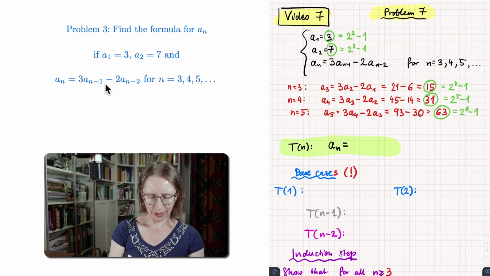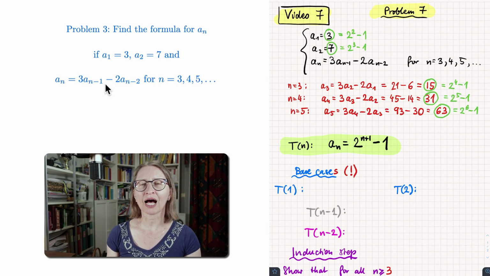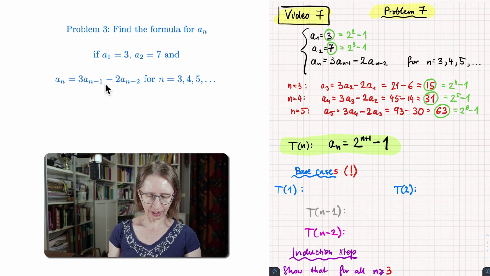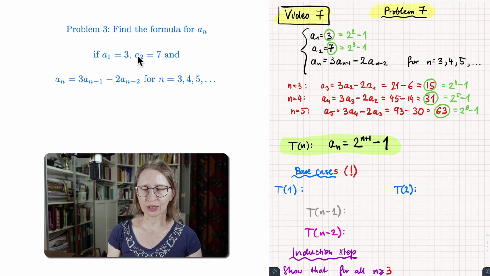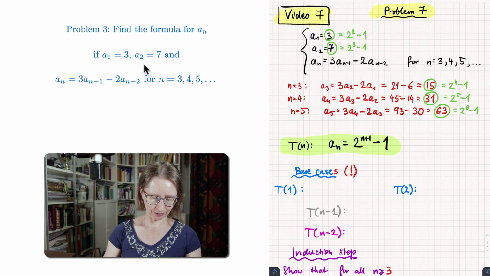So you take always 2 to the power which is 1 larger than the number of your element. So it will be n plus 1, and then we have to subtract 1. So we got our hypothesis that the closed formula for our sequence a_n is equal to 2 to the power n plus 1 minus 1.